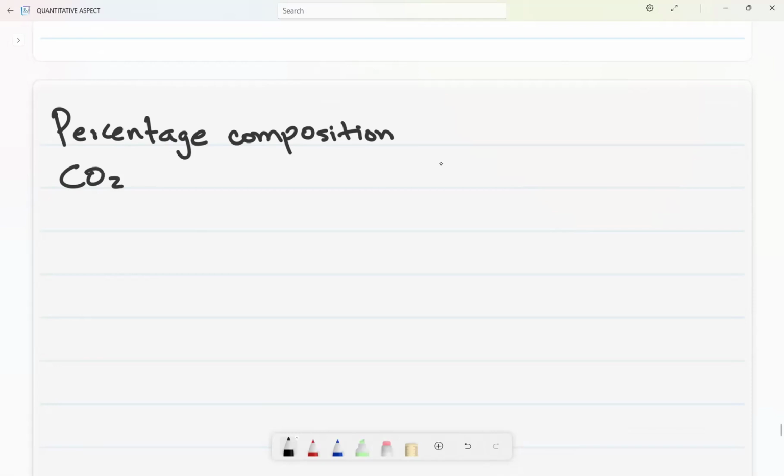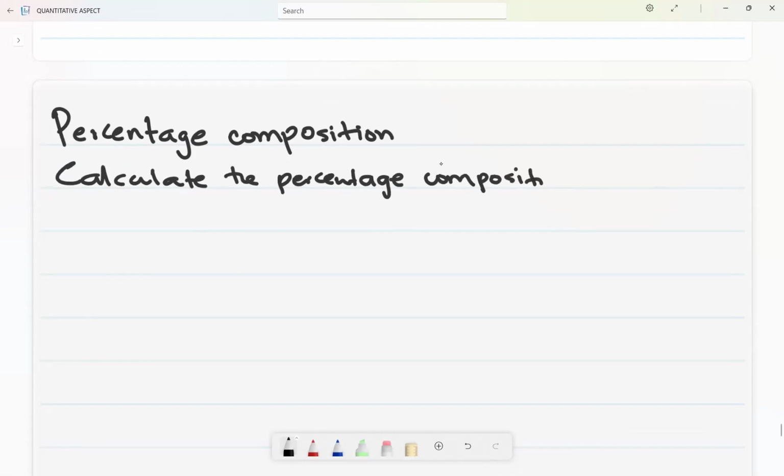If they were to say to you, calculate the percentage composition of carbon in carbon dioxide, what you need to do is just find the molar mass of carbon dioxide.